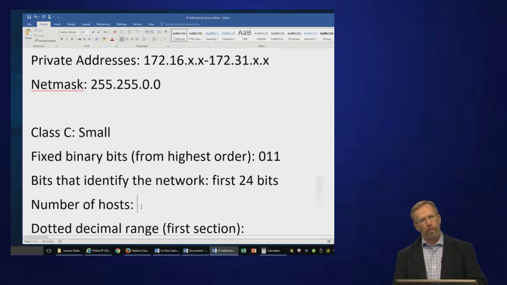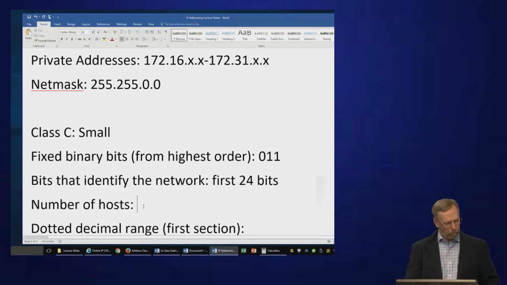Consequently, since we only have 8 bits to identify the host, and we've seen this 255, which is 8 bits, and that's the maximum number you can have in binary with 8 bits, we should know that that's going to be actually 255 minus 1, and I'll explain why that is in a little while.